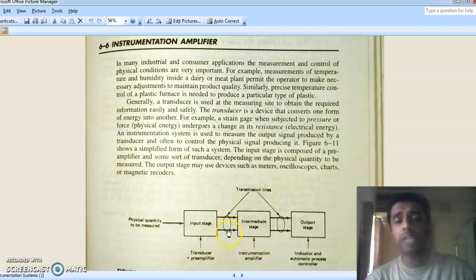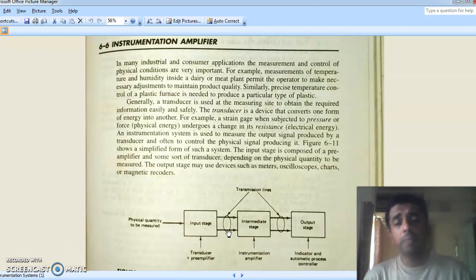So what is the purpose of transmission lines? The physical quantity to be measured will be inside a plant, and the indicating instrument and the instrumentation amplifier will be in some other location, in some remote location, or in some data center, or inside the room of a control manager or a controller or an operating person. The physical quantity to be measured will be inside a hazardous region, or in very adverse conditions.